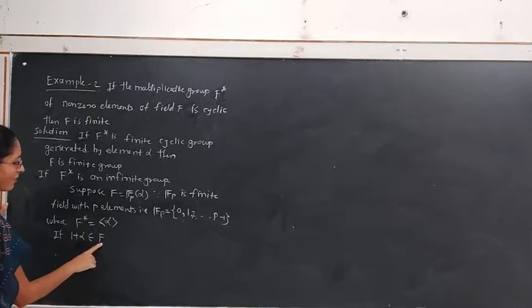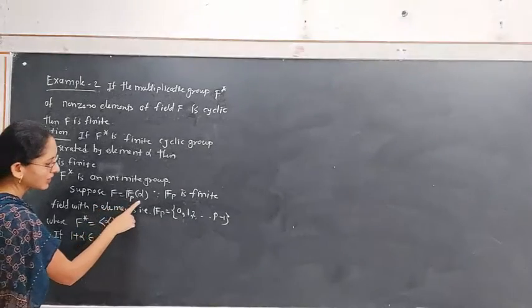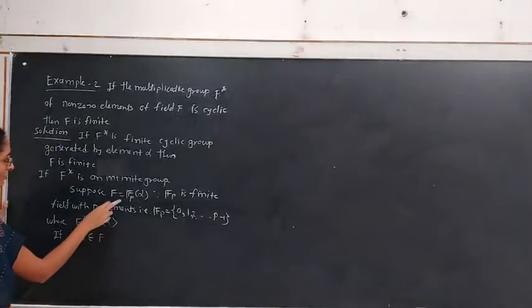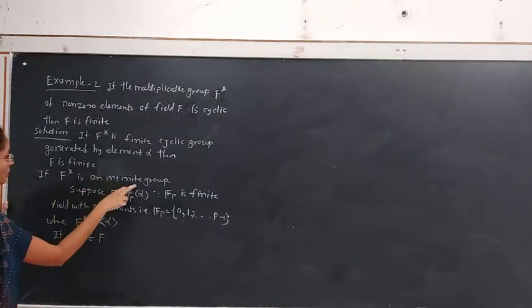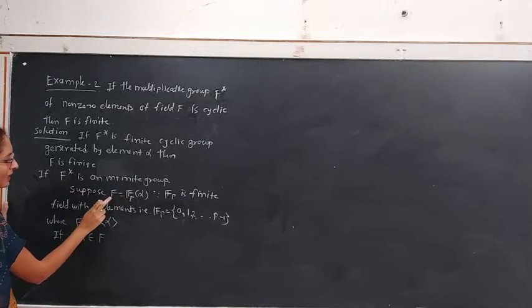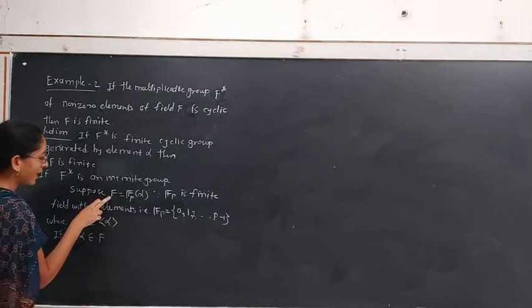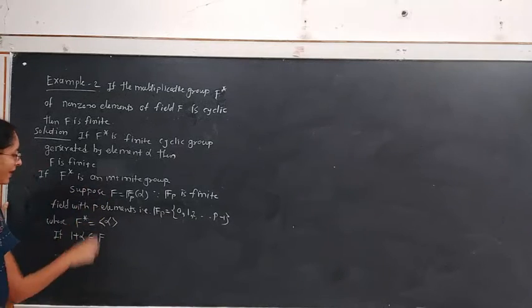If 1 plus alpha belongs to F, what is F? Fp joining alpha. This is the extension of this field, and we are assuming that the multiplicative group of non-zero elements of this field F, which is F star, is an infinite group.